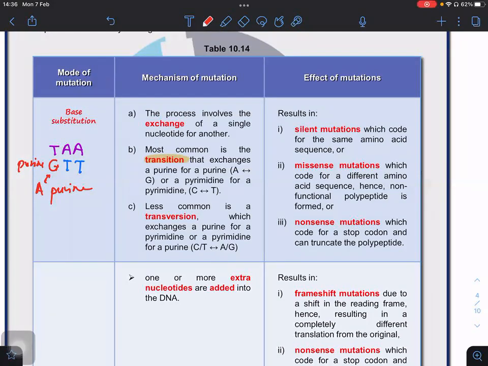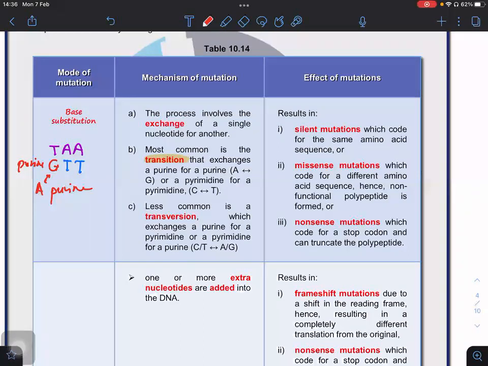But now instead of pyrimidine, we change it to purine. So when you have two purines together, you have a bulging area there. These special parts will be easily detected by the DNA repair mechanism, so DNA repair mechanisms can easily identify and then do the repair. So this kind of mutation actually is very, very rare. It's not so common compared to the transition.